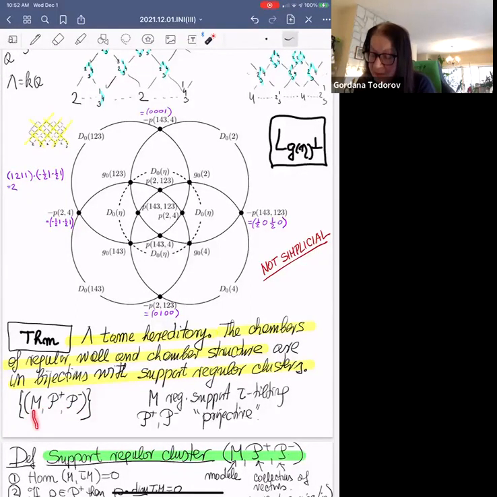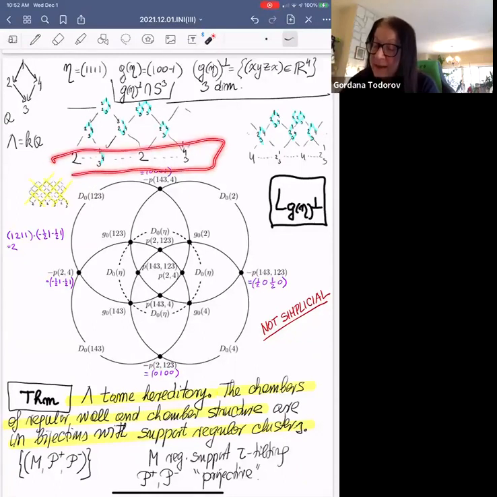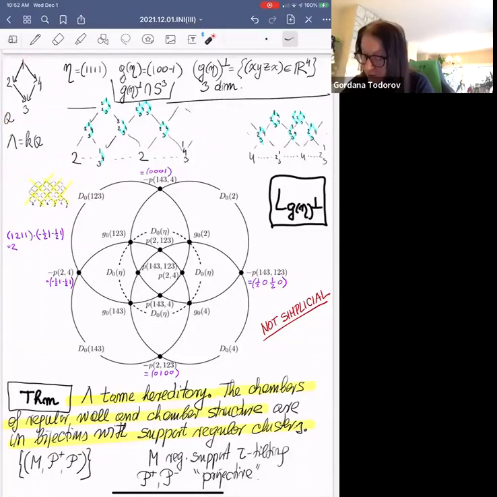M will be just a regular support tau-tilting module, but now only in the tube. So my M will be either this or that, or this or that. It could be this and this, but just tau-regular in the tube. These are small tubes. If we do larger E something, or larger A tilde, we could get larger tubes.